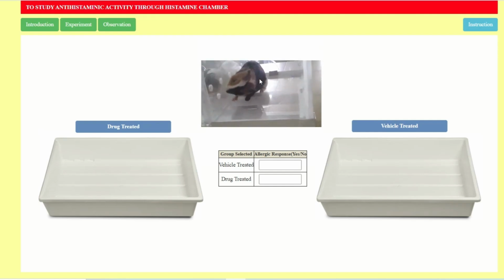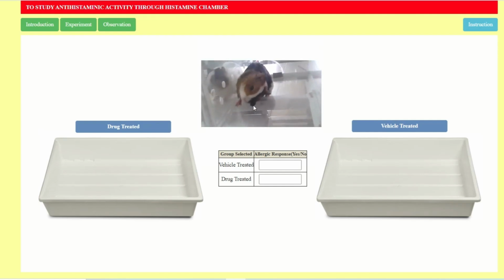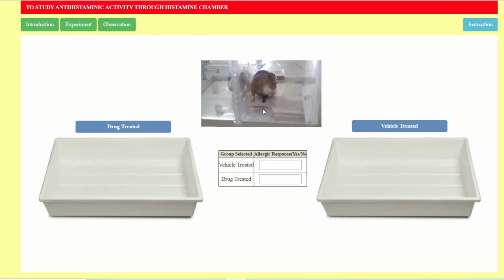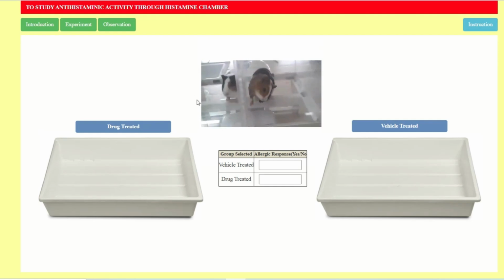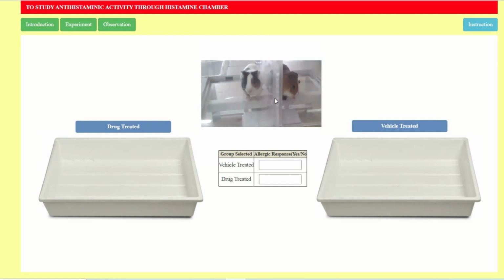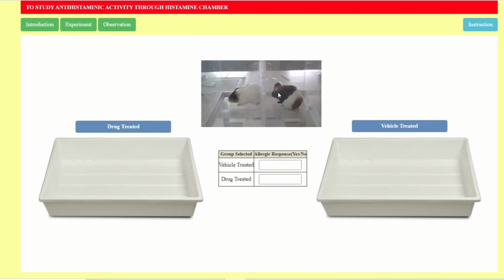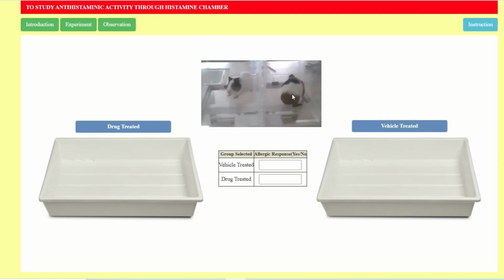Here you can see it is showing some reactions just because of the histamine. The whole chamber has aerosols of histamine, and this one is not showing any reaction because the antihistaminic drug is given to this animal. So this one is showing shaking reactions and it has bronchospasm also. I think it has some problems.